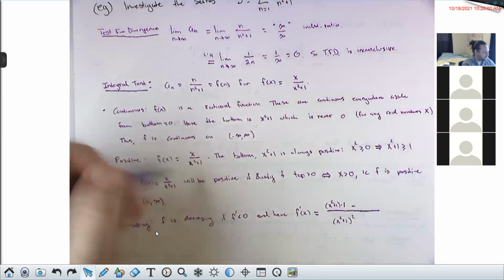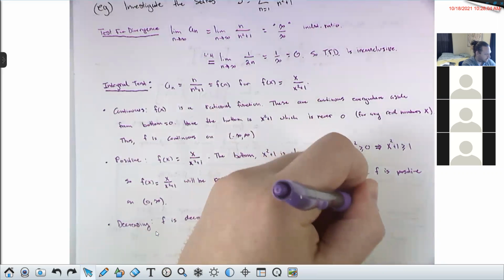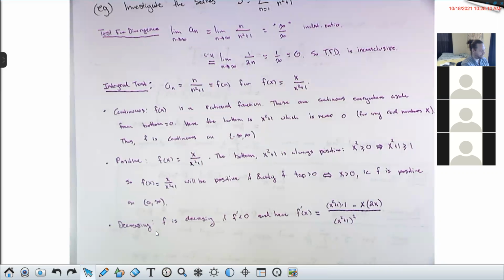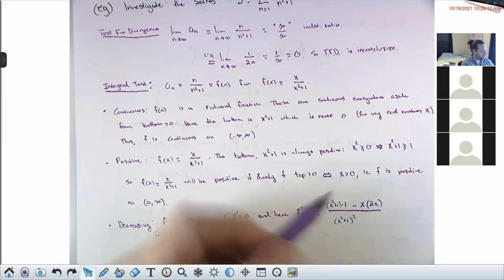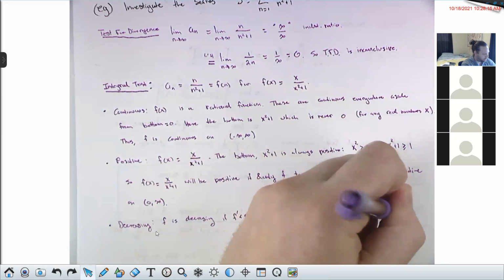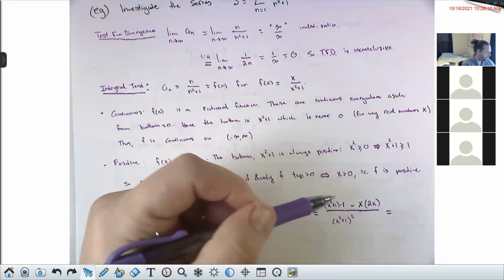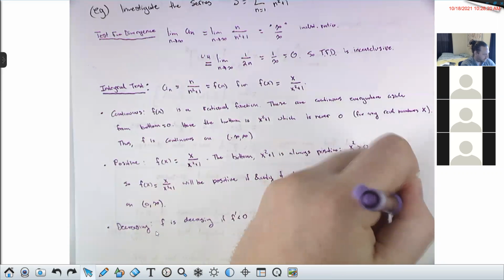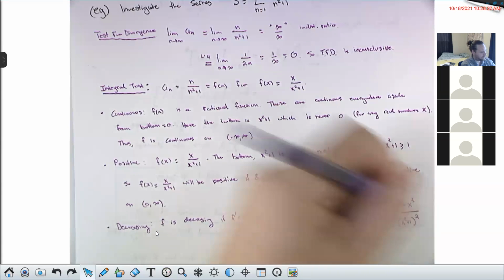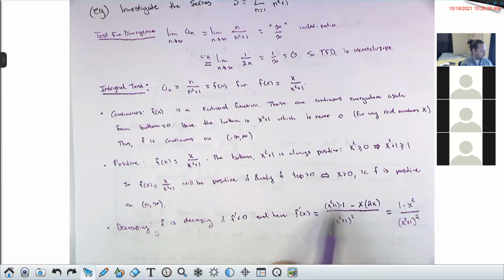minus the top times the derivative of the bottom. Well, the top is x, and the derivative of the bottom is 2x. So this is x squared plus 1 minus 2x squared, which is 1 minus x squared. All right, x squared minus 2x squared is negative x squared.